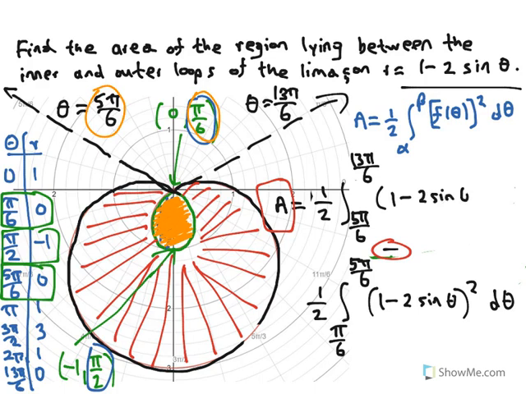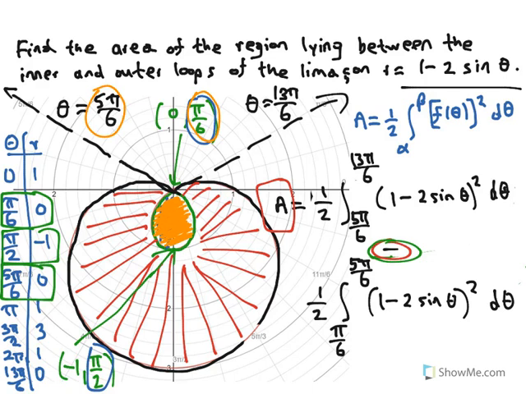So 1 minus 2 sine theta, you square that, integrate with respect to theta. And then find the value of each definite integral, and subtract the values of the two definite integrals to find the area of the region lying between the inner and outer loops of the limacon.